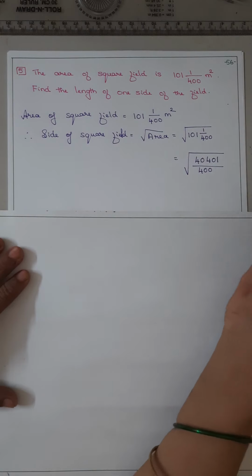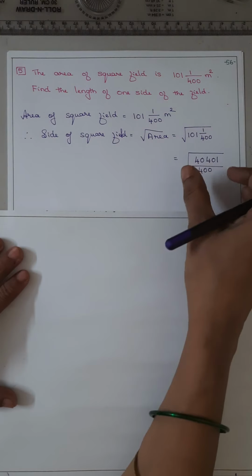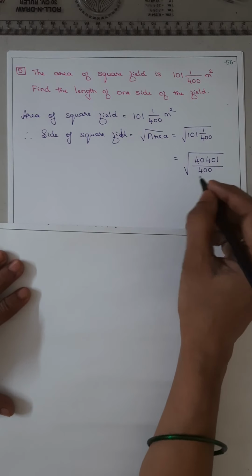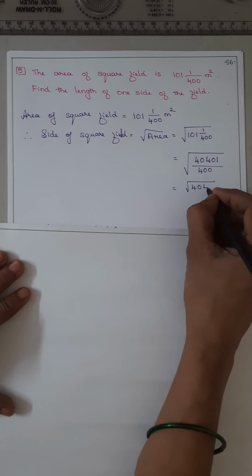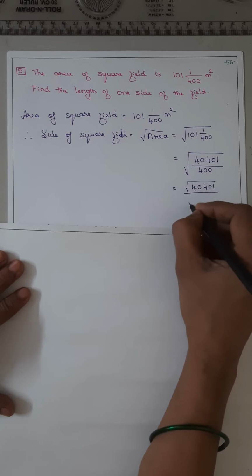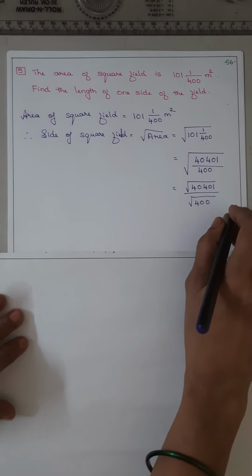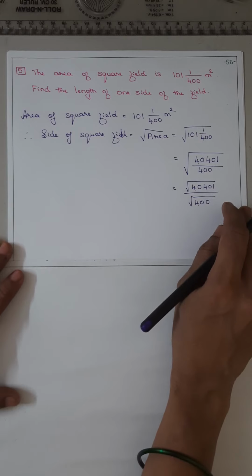We'll get 40401. So mixed number converted into improper. Now find out the square roots. That is square root of 40401 upon square root of 400. Already you know square root of 400 is 20, isn't it? But here you show the method.